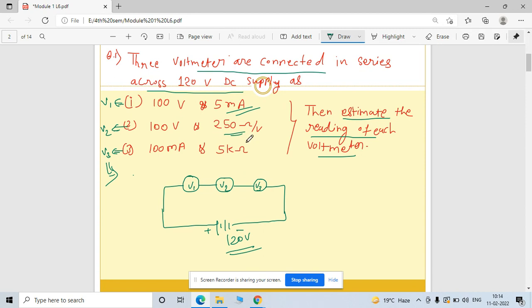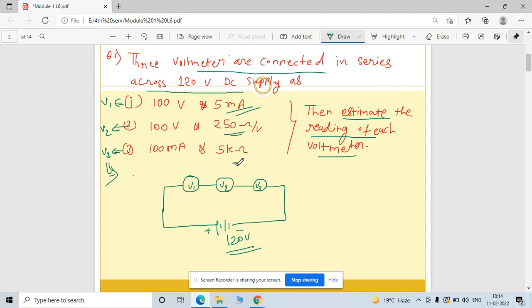By this, you can easily find out the IFSD, because sensitivity is inversely proportional to the IFSD current, right? So by this way you can easily find out the current, and this third value is given in terms of kilo ohm.